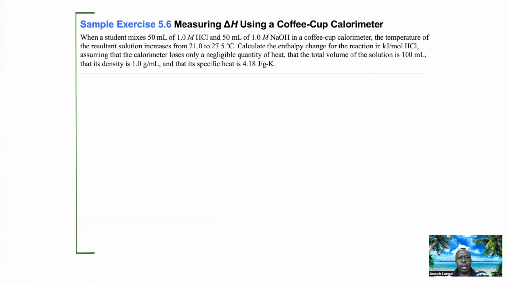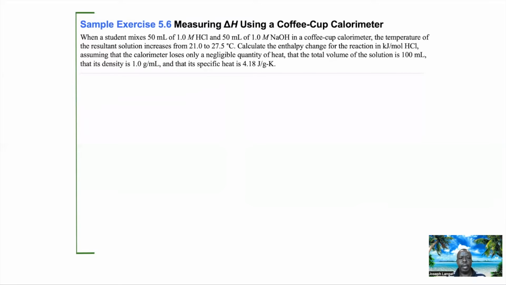Assuming that this is an experiment in the lab, which I know for sure is what you will do in experiment number 10, where you will react HCl, hydrochloric acid, with sodium hydroxide, an acid-base neutralization reaction.